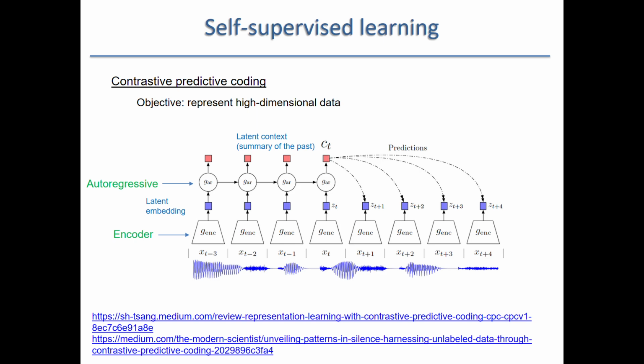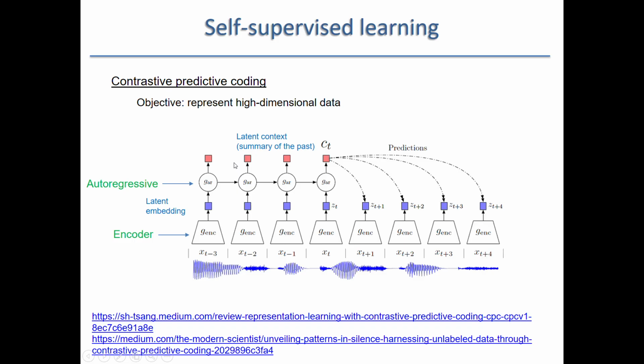These recurrent networks will produce something that is called the latent context. The latent context depends on the current piece of signal through this encoder, but also on the previous pieces coming from these other recurrent connections.